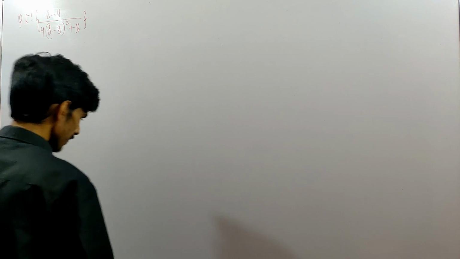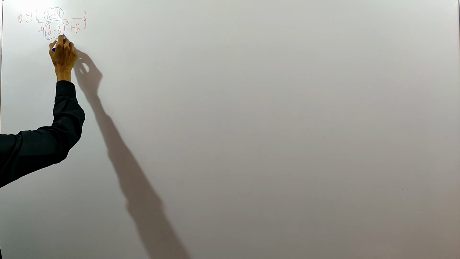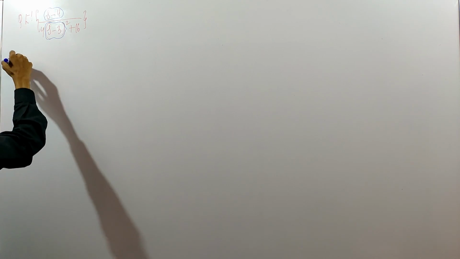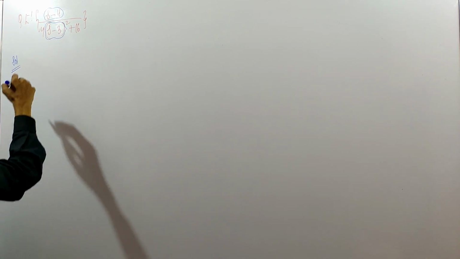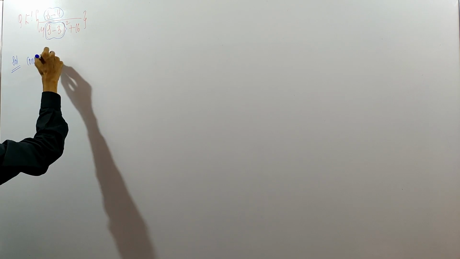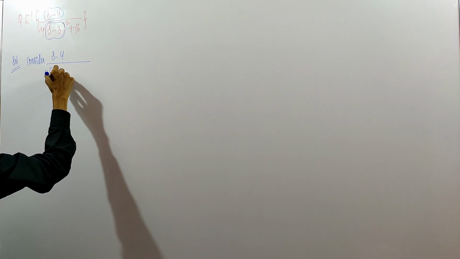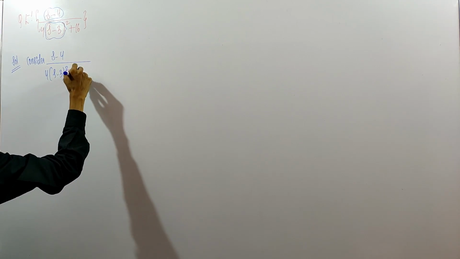The question given is L inverse of (s minus 4) upon 4 into ((s minus 3) square plus 16). Here we have s minus 4, and here we have s minus 3. Both are different. Now consider (s minus 4) divided by 4 into ((s minus 3) square plus 16).